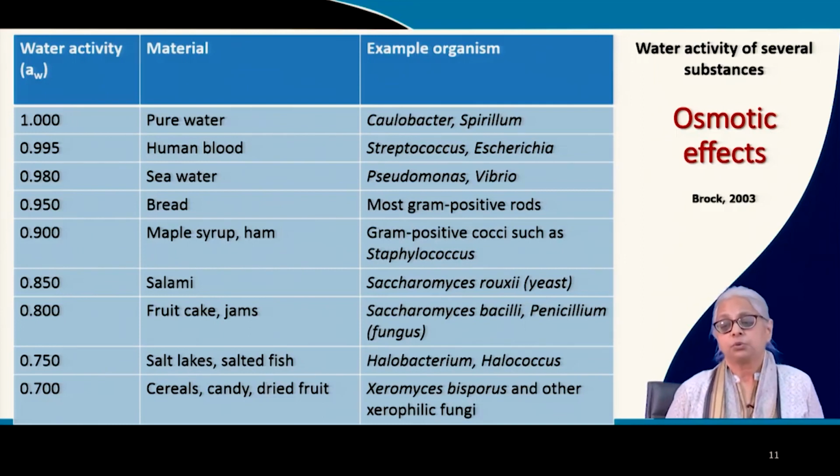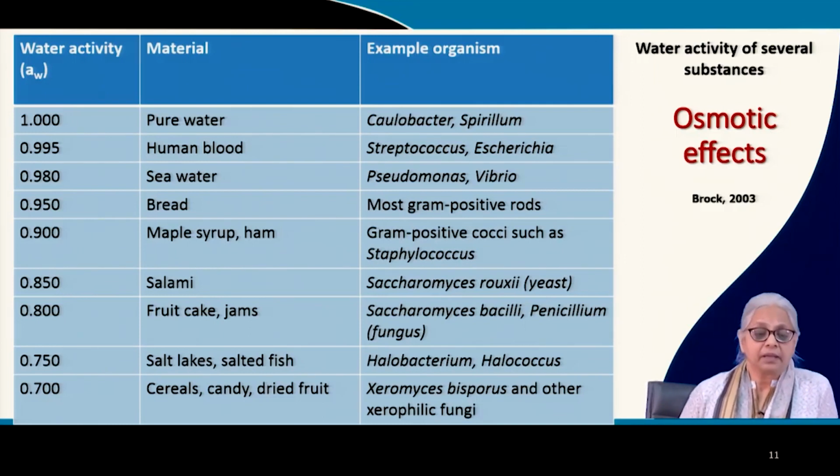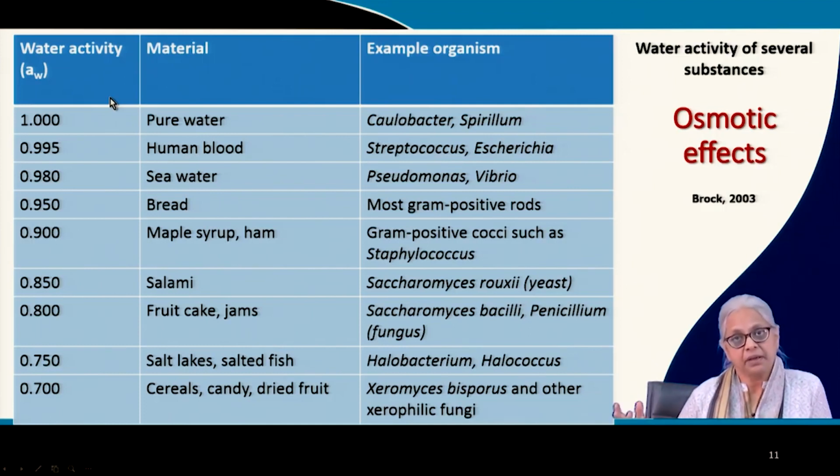Then we come to the next one, and that is osmotic effects. These osmotic effects, like I said in a previous lecture, are related to the ionic strength in the solution versus the ionic strength within the cell. Let's take a look at another parameter that is used to define the activity or ionic strength.